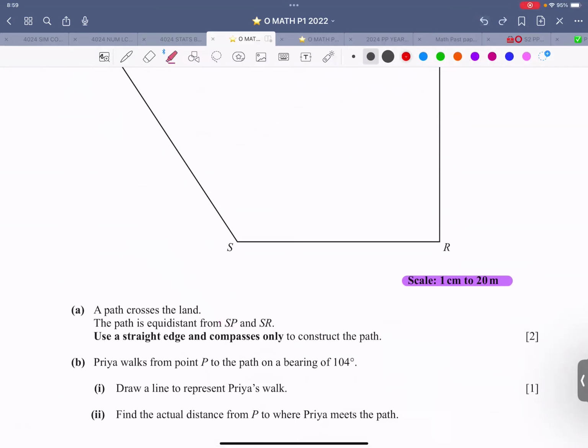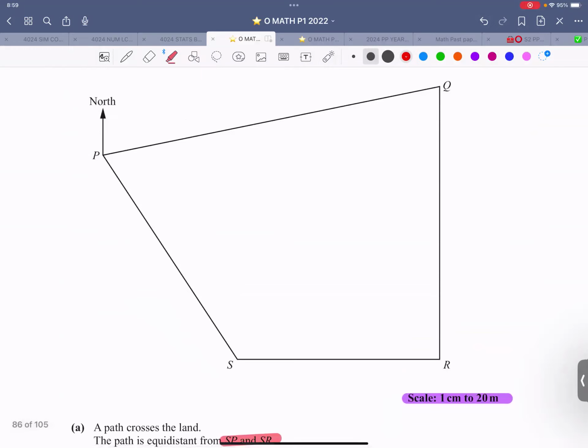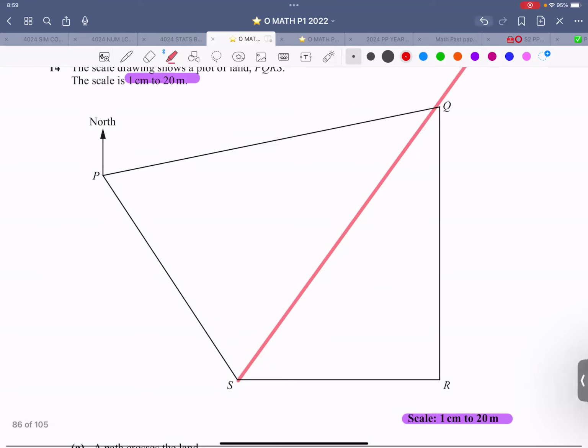This is an angle bisector. So SP and SR, use a straight edge. So the common alphabet is S. And naturally, without a compass, I'll just draw a rough sketch. So this goes like this, if it's kind of exact kind of thing.